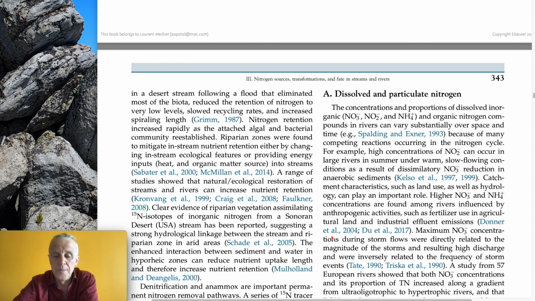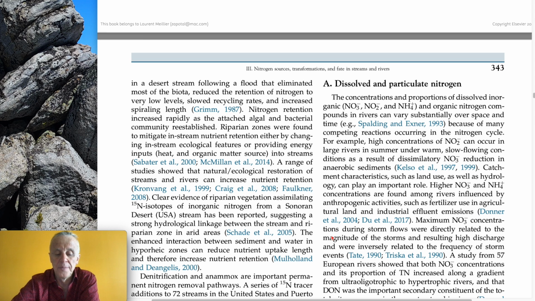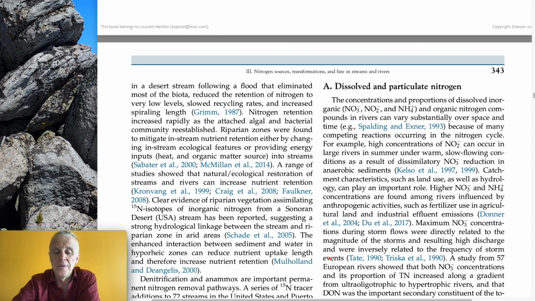Clear evidence of riparian vegetation assimilating nitrogen-15 isotopes of inorganic nitrogen from a Sonoran desert stream has been reported, suggesting a strong hydrological linkage between the stream and riparian zone in arid areas. The enhanced interaction between sediment and water in the hyporheic zone can reduce nutrient uptake length and therefore increase nutrient retention.